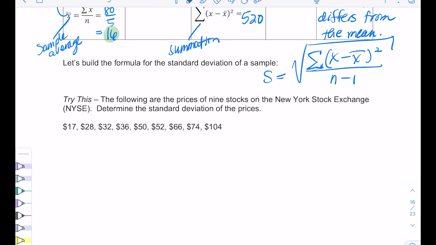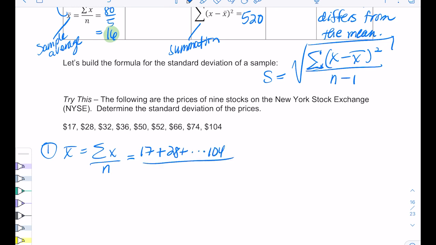So the first thing you would want to do is find the average, right? To get the average, you're just going to add all the values and divide by the number of numbers. So I'm going to take 17 plus 28 plus all the way up to 104, and then just divide by how many numbers there are. I think there's 9 numbers there.